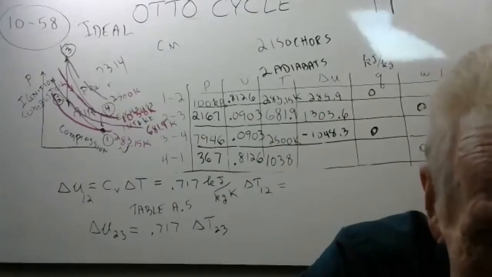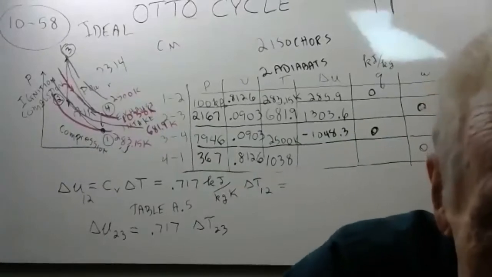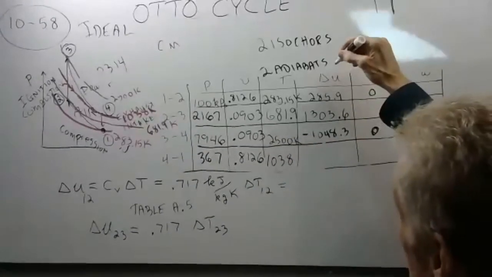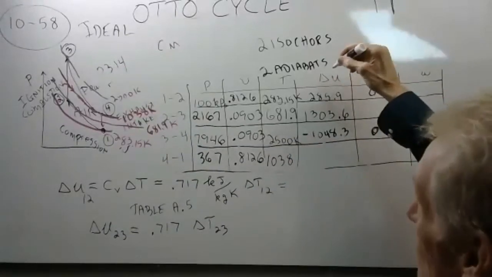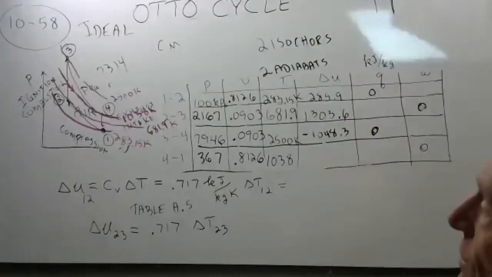Hey, we'll pick on somebody here. I love picking on. I shouldn't love that. Parker, how come the change in specific internal energy going from 3 to 4 is negative? Why is that, Parker?